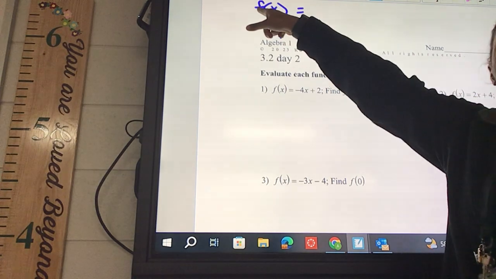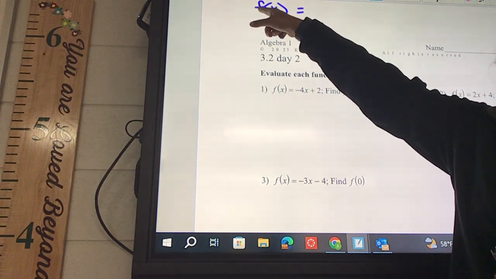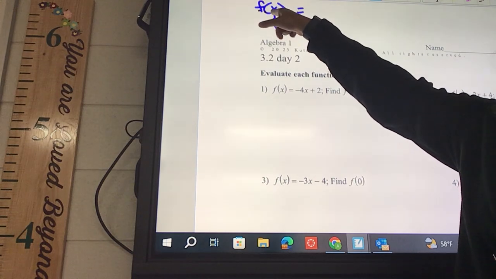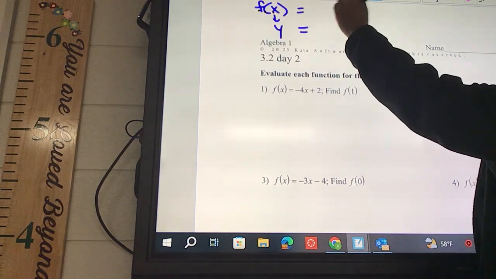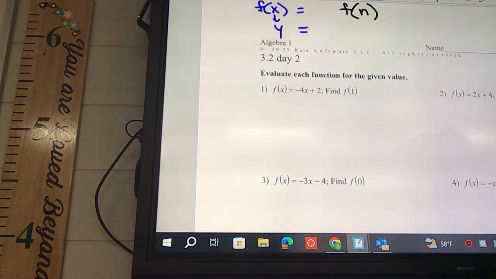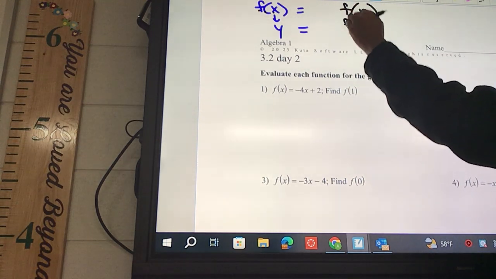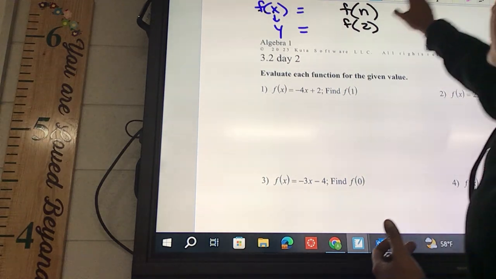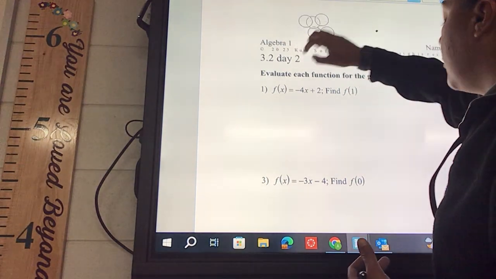We have f, then the parentheses, and we say of, and then we say x because there's an x there. You could have f of n. We could have f of 2. So that's how we read those.